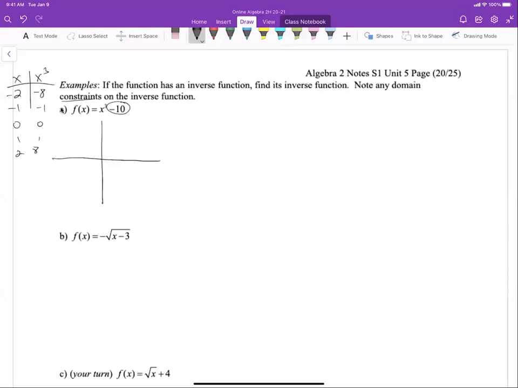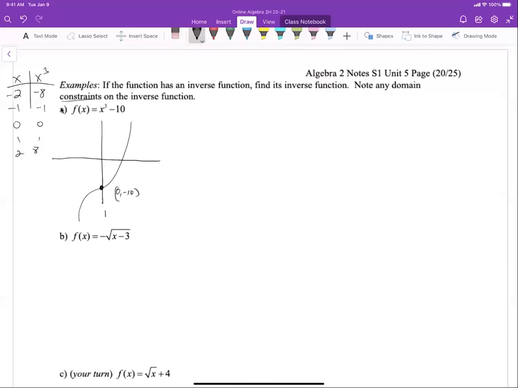And notice I have a shift downward 10, so this graph starts approximately at (0, -10), and it will look something like this. I'm really bad at drawing these. Let's see if I can do that again. It'll look something like this. There we go. That is not the greatest graph, but nevertheless, that's what that sketch will look like.